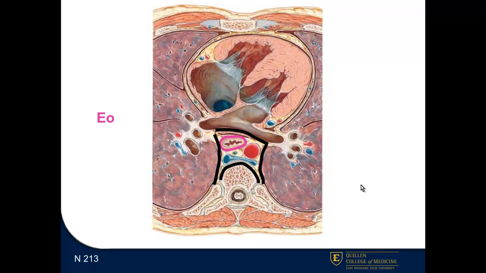Therefore, it's going to be most closely associated with the pericardium than any other structure in the posterior mediastinum, specifically the left atrium here. You can imagine if the left atrium was to enlarge and balloon out, it could easily compress that esophagus.